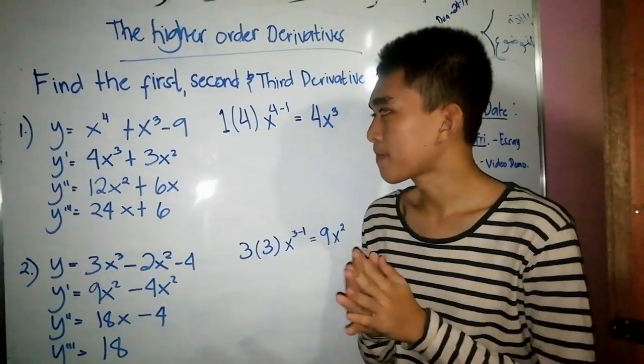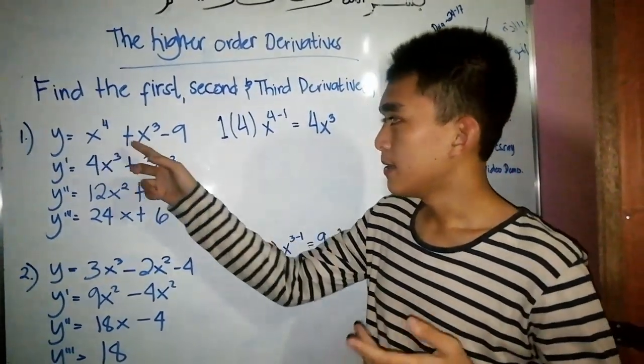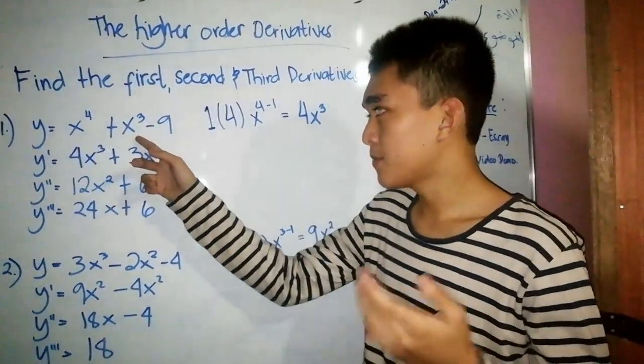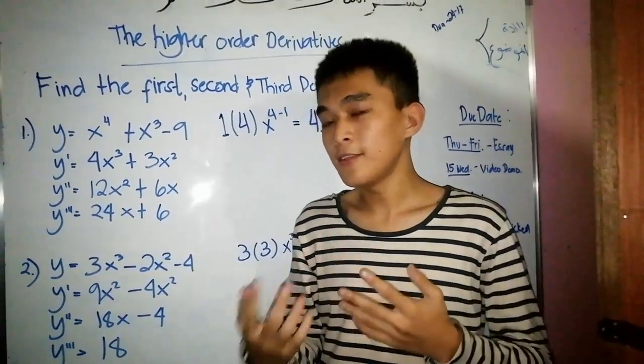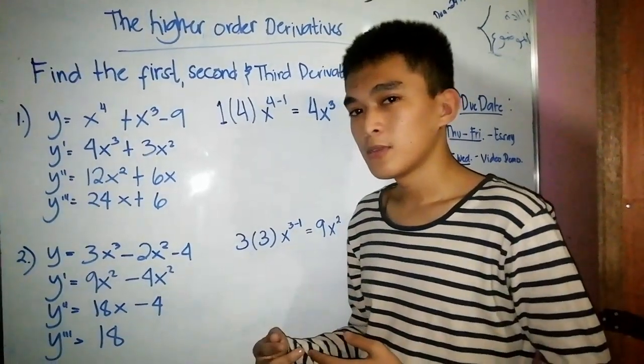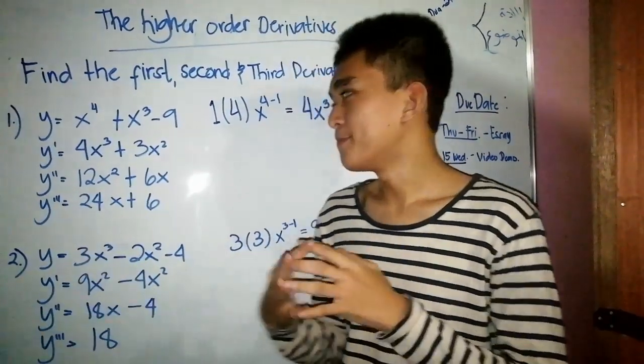For example, x^4 does have an exponent, and x^3 does have an exponent, and 9 doesn't have an exponent. Therefore, it is not carried over to the next derivative.